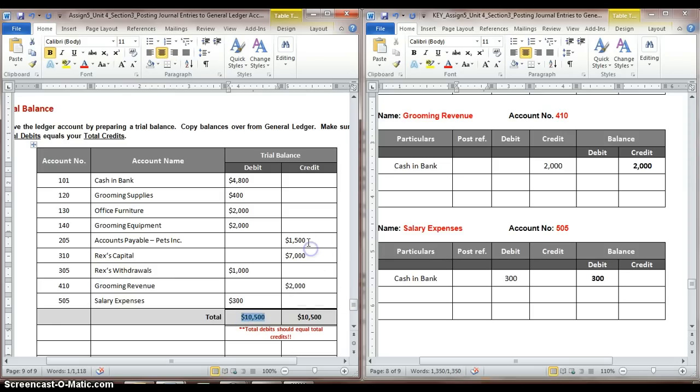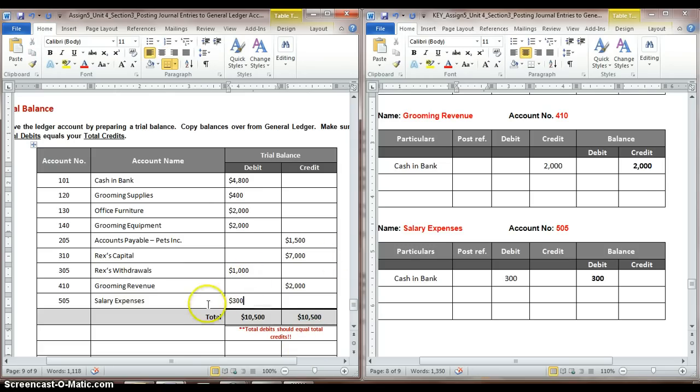Yay! Okay, now let's add up our credits. We have 1,500 plus 7,000 puts us at 8,500, plus another 2,000 puts us at, what do you know, 10,500.